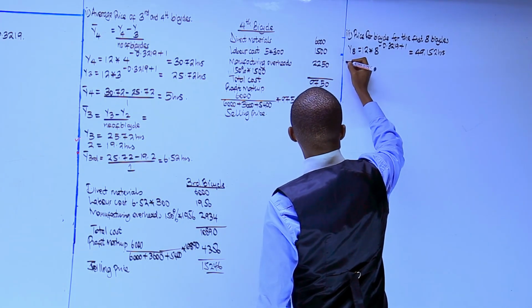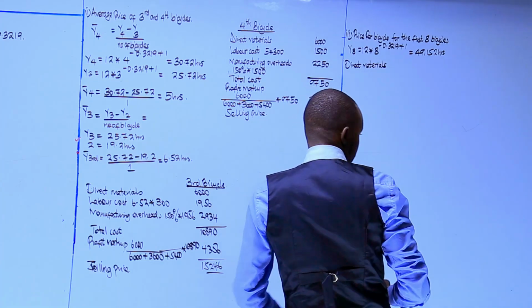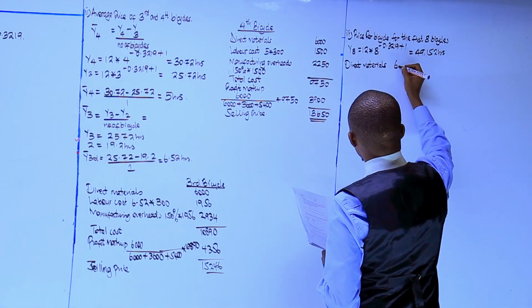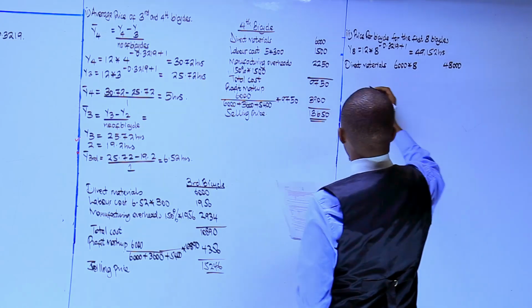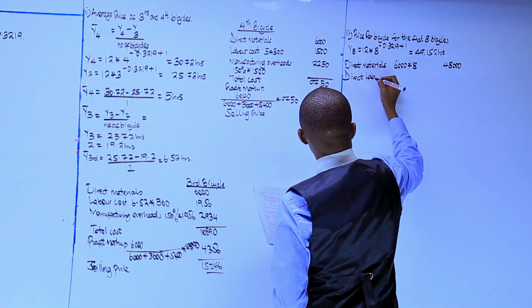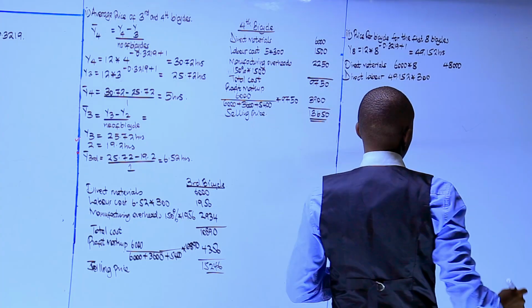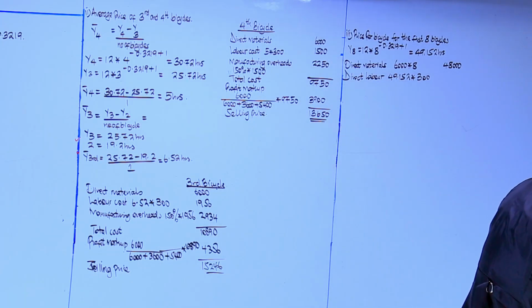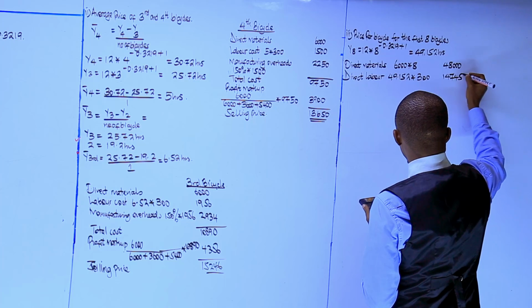Your cost will be direct materials. Your direct materials will be 6,000 by 8, that is 48,000. Direct labor for the first 8 was 49.152 by what? A rate of 300. 745.6.